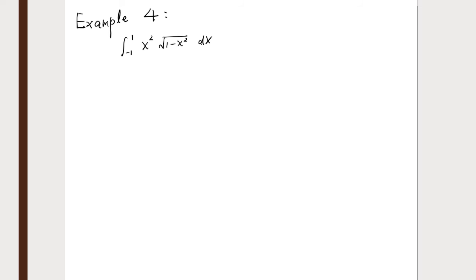Okay. So for the definite integration, we usually have to check if it is an odd function or an even function, which means whether the function is symmetric about 0 or not.